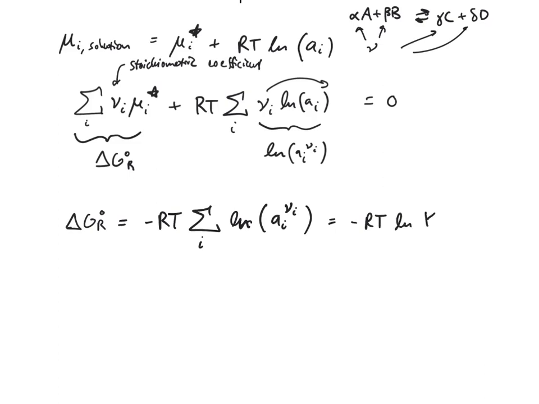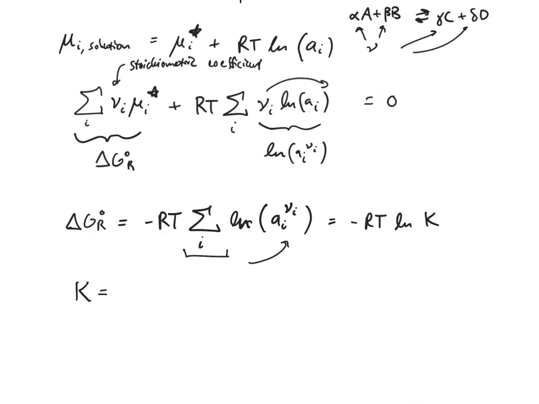So log K, the equilibrium constant like that. And the way we were able to do that was to use the rules of logs to convert this summation on the outside of the log to a multiplication on the inside of the log.